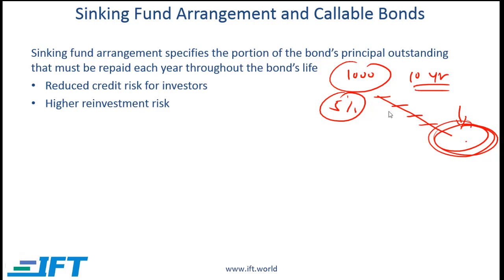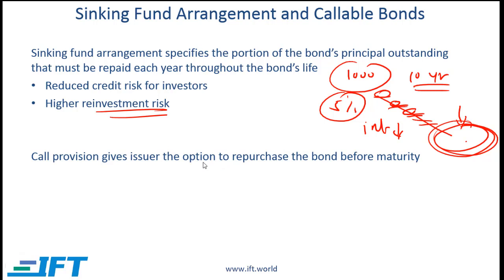If the issuer is making these payments along the way, then obviously from an investor perspective, there is less credit risk. But less credit risk means that there is higher reinvestment risk, because now the investor is getting money back sooner and has to reinvest the money. If interest rates come down, then the investor has to reinvest at a lower rate.